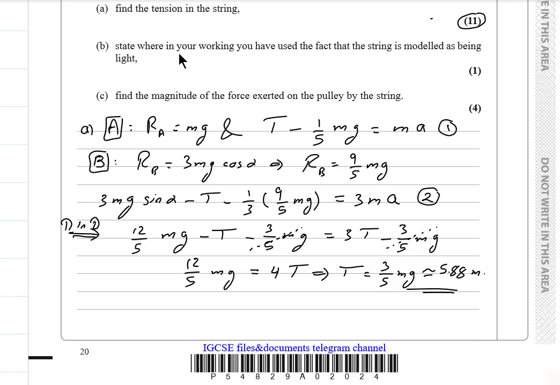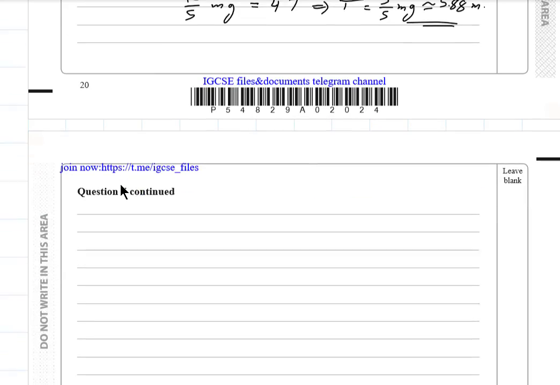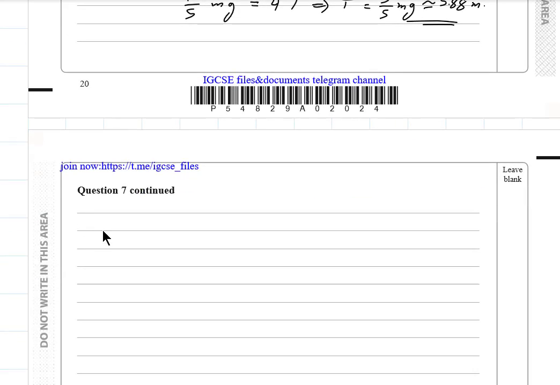Part B, state where in your working you have used the fact that the string is modeled as being light. Of course you know that since the string is light, its mass or weight is not considered. One of them is sufficient.